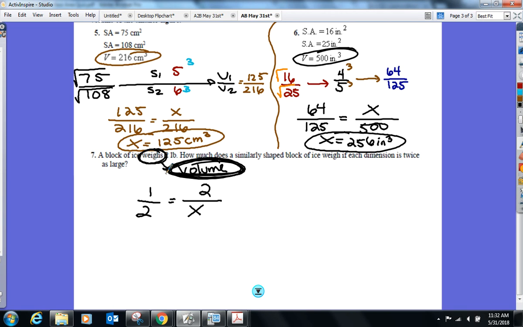No. What do I still have to do to 1 to 2? How much does this block of ice weigh? Yeah, a little bit more than just doubling it, right?